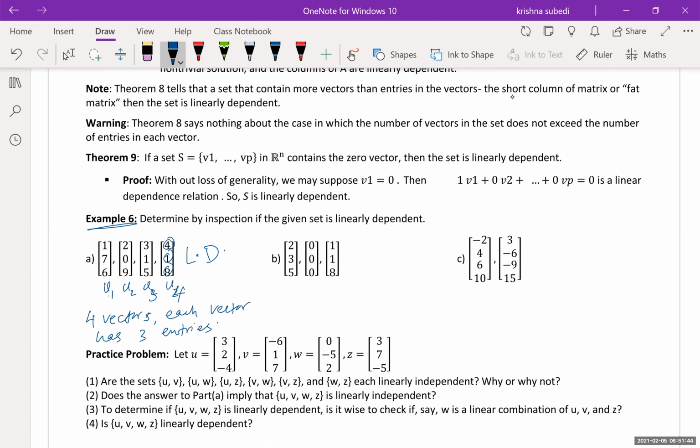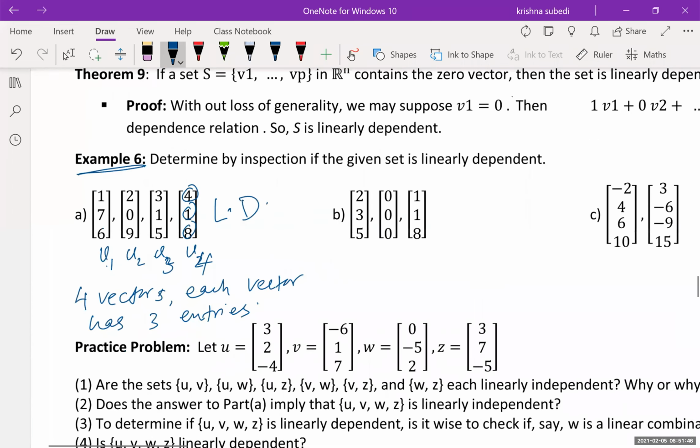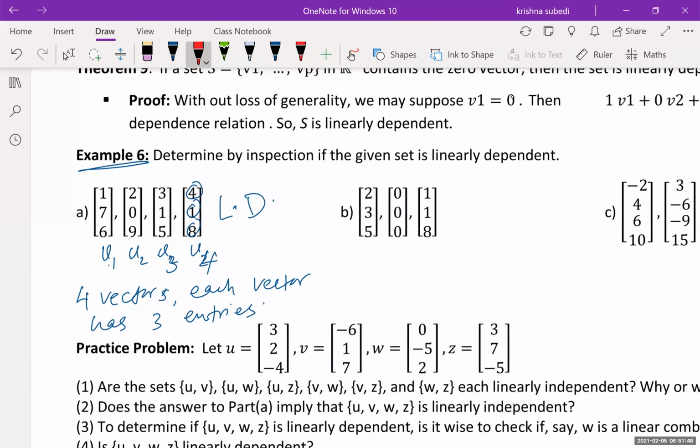I call this a short fat matrix. It's short, but it's a fat matrix, and it is dependent.